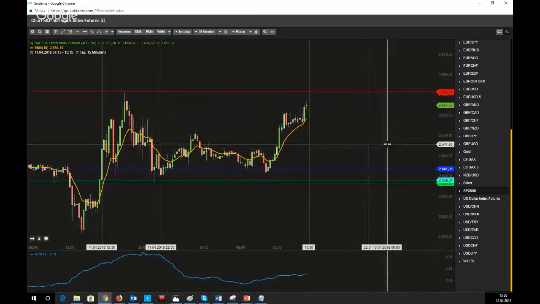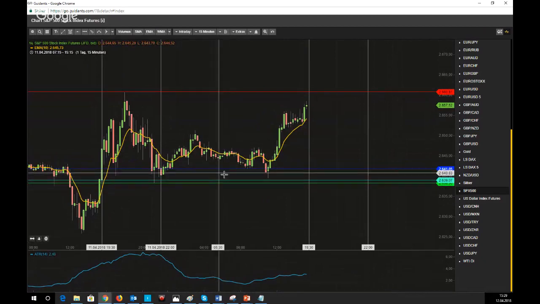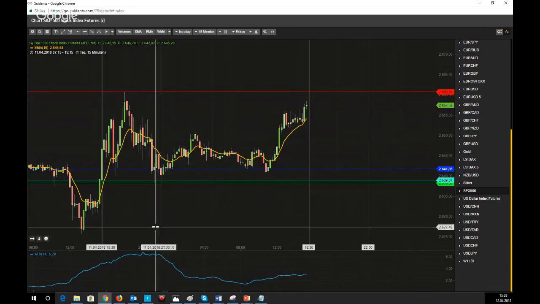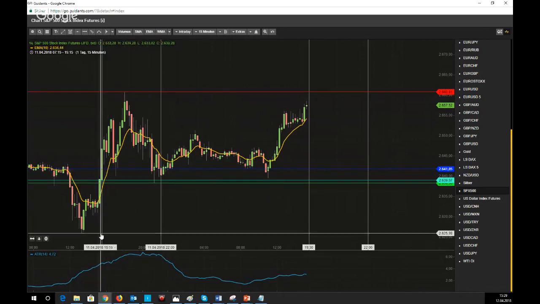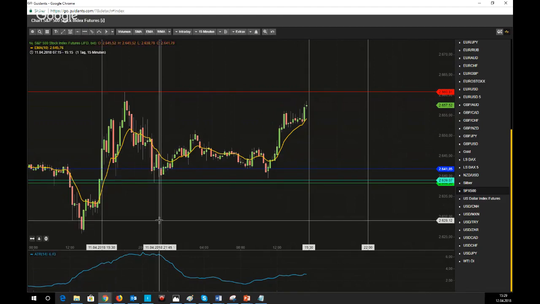By the way, let me give you an introduction to all these lines, especially the horizontal ones and the vertical ones. The vertical ones are those from 1:30 p.m. GMT till 8 p.m. GMT, which show the main trading hours.